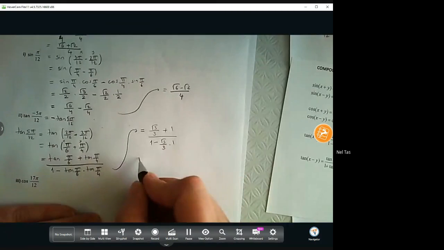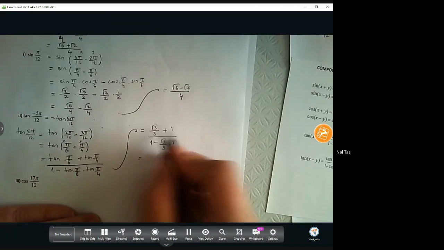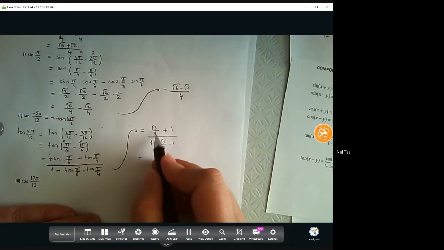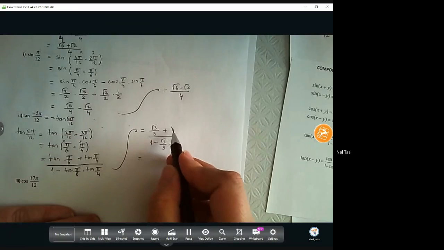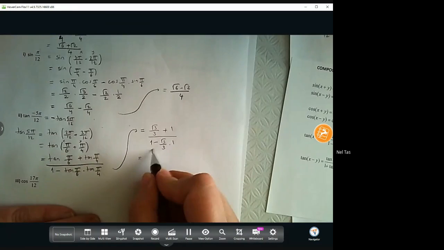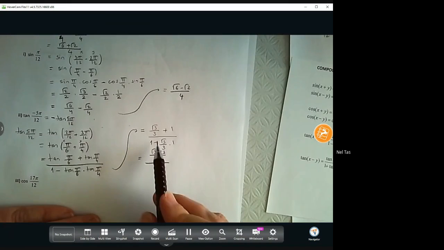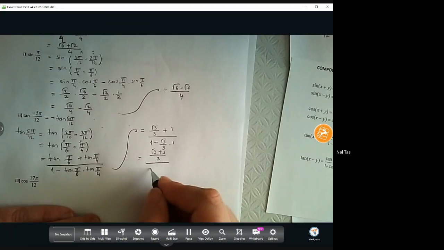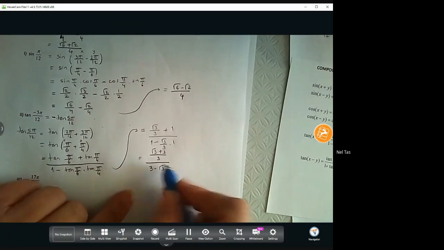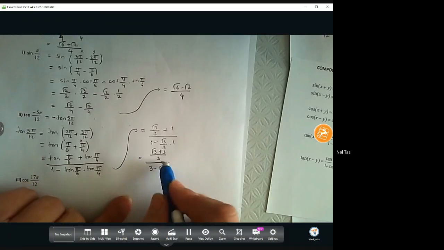So if you have a common denominator for numerator and for denominator, so we get root 3 plus 3 over 3. And here, if you have common denominator, you get 3 minus root 3 over 3. Yeah.